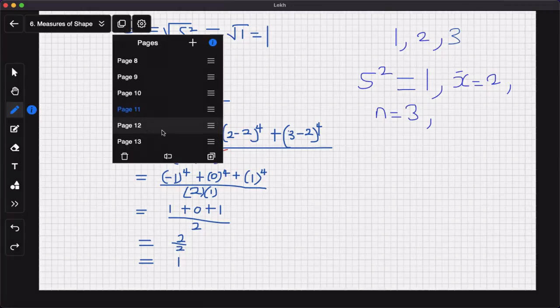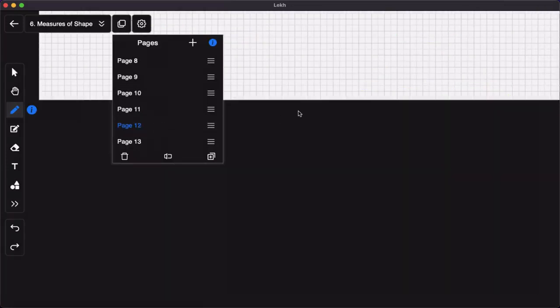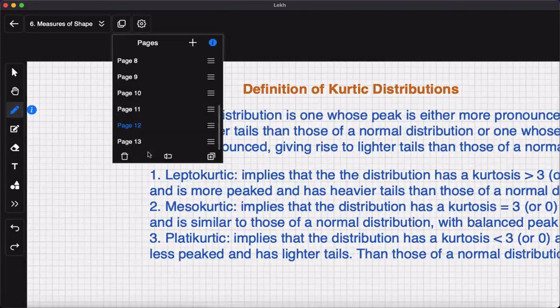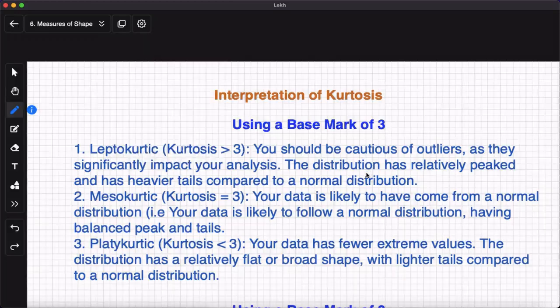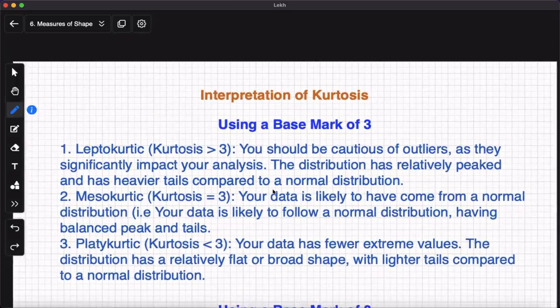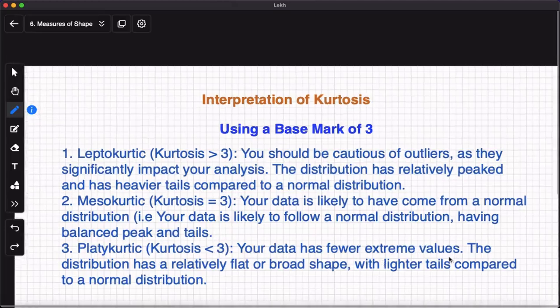So how do we interpret this? We return to how we interpret kurtosis. We are using a base mark of 3 in this case, and what we have is less than 3, so that means the data has fewer extreme values and the distribution has a relatively flat or broad shape with lighter tails compared to a normal distribution.